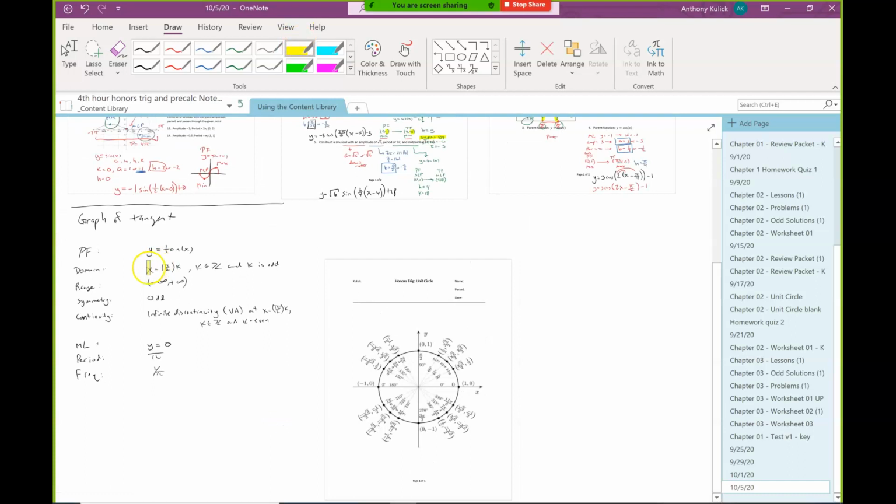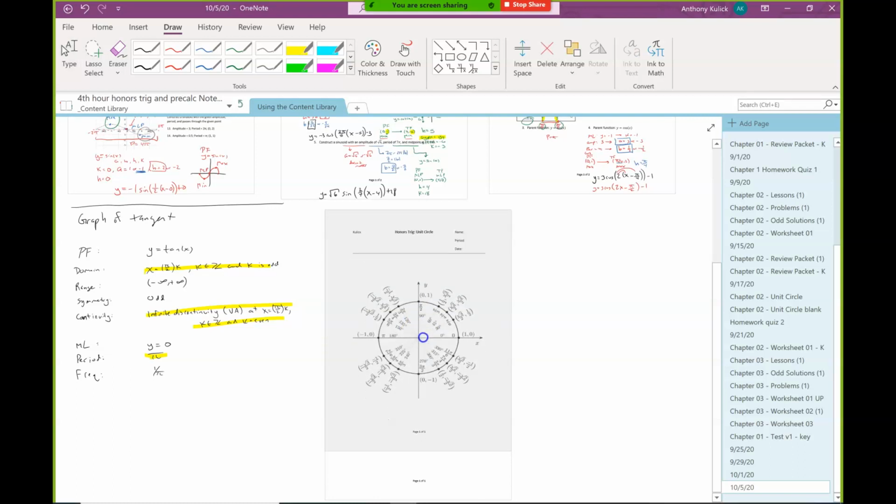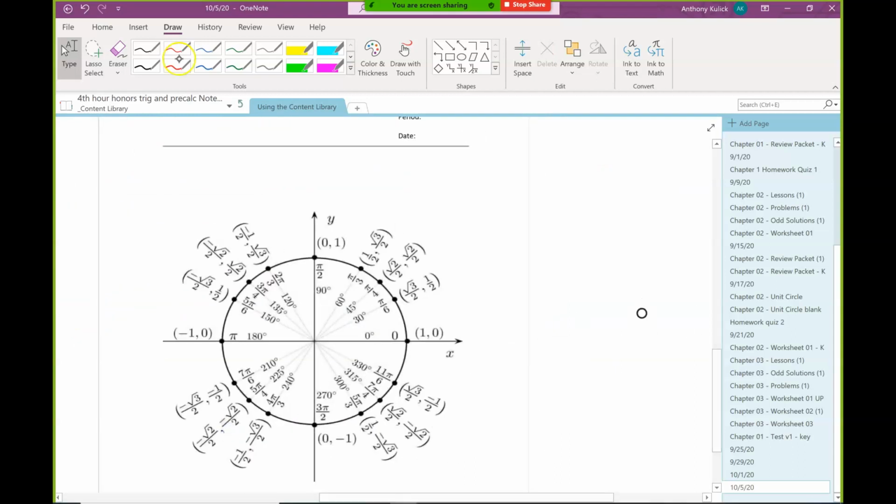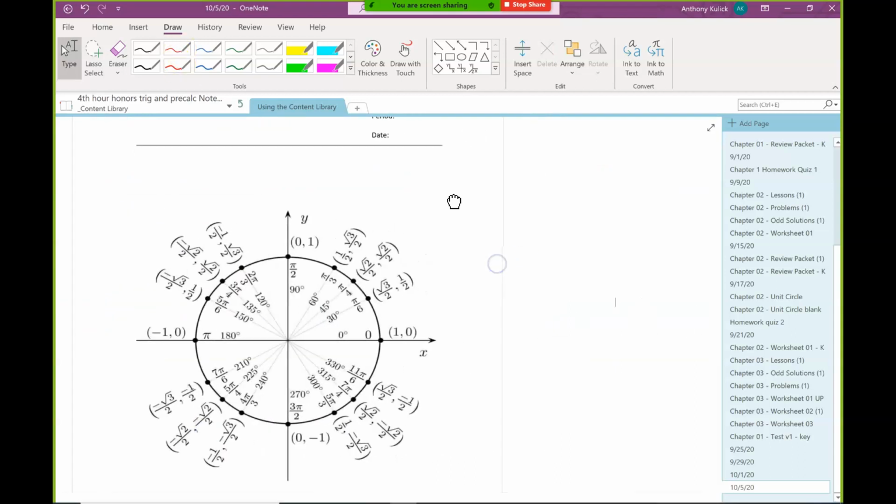Okay, so let's explain some of these things. To do that, I'm going to use the unit circle. So recall that tangent of theta is equal to y over x, right?